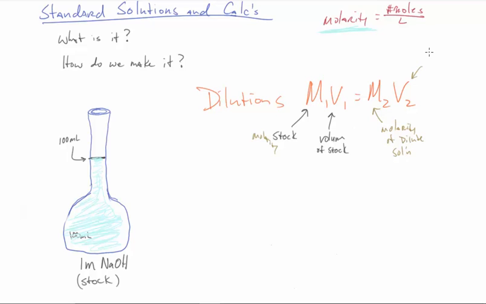And then volume 2 is the total, not just the volume of my second solution, but the total volume of dilute solution. So a lot of people get thrown off: if I needed 10 mL of the stock and I wanted a 100 mL solution, that means I only need to dilute it with 90 milliliters of water to get it to that total volume.